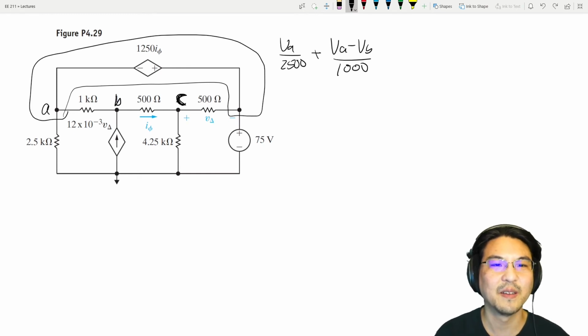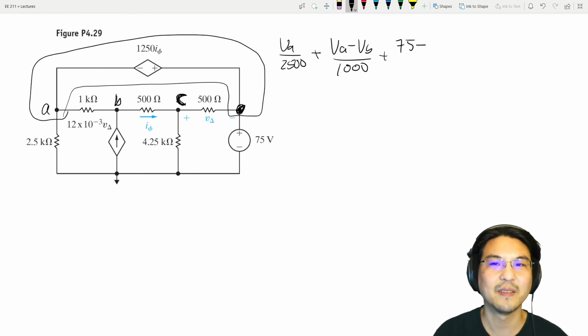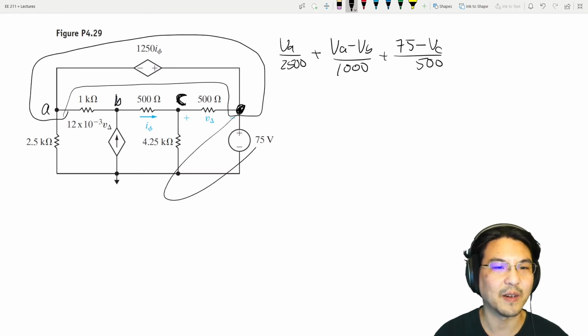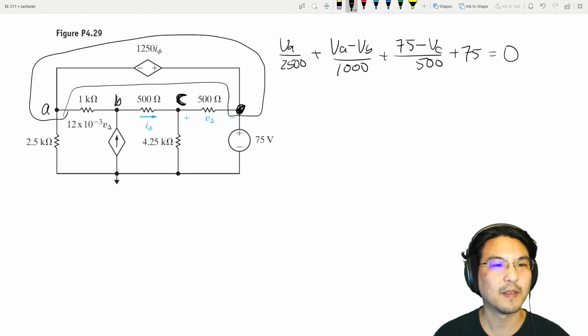Over here, 75, because we know the voltage right here is 75, minus VC over 500, and then right here, 75. Okay, and then we just keep going, right?